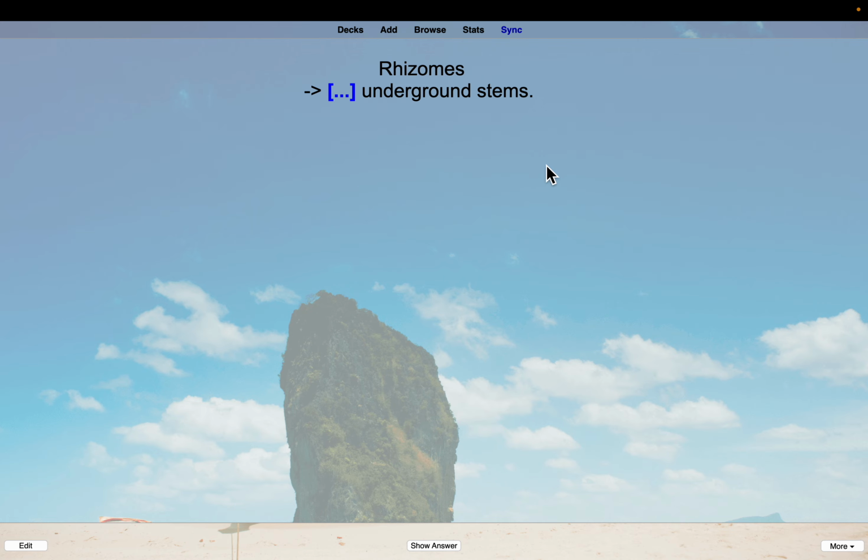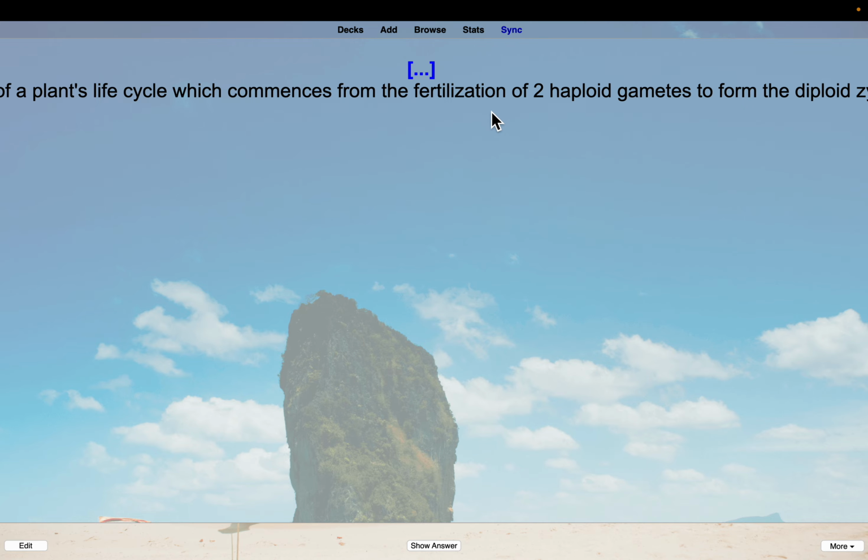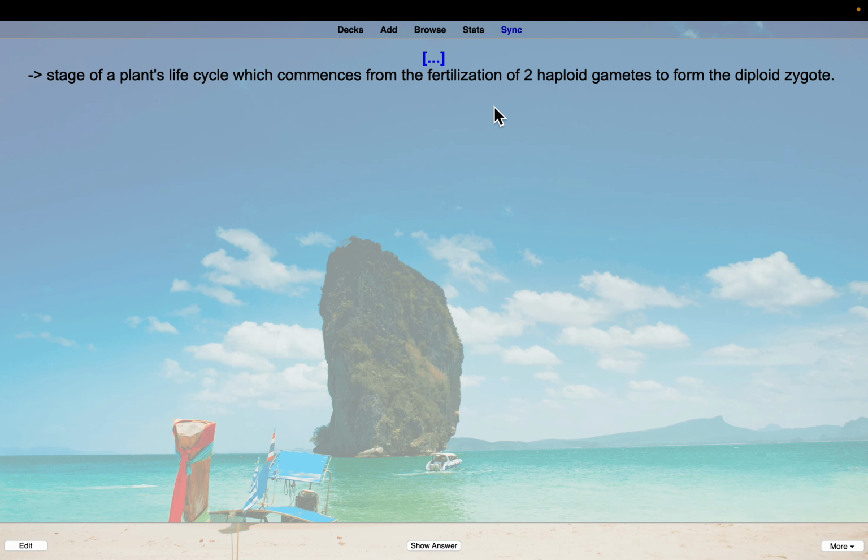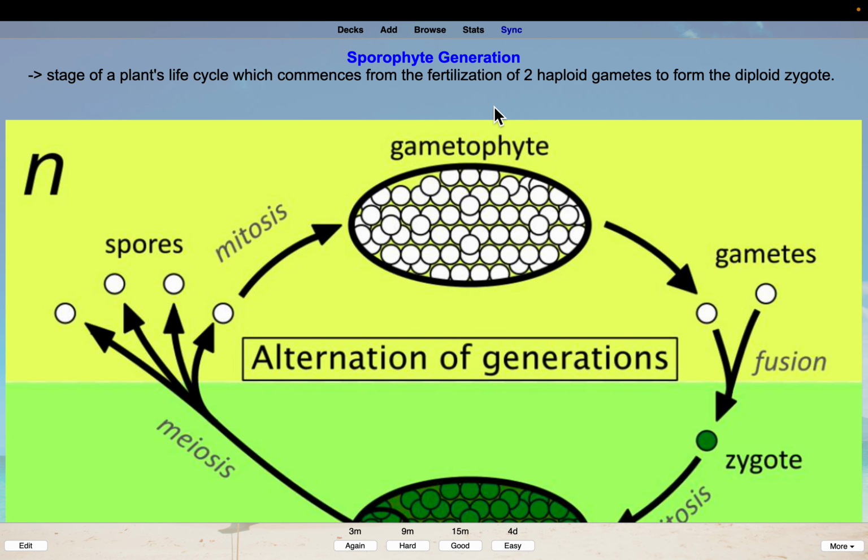Anyways, rhizomes: horizontal underground stems. Blank is a stage of a plant's life cycle which commences from the fertilization of two haploid gametes to form the diploid zygote. Sporophyte generation.